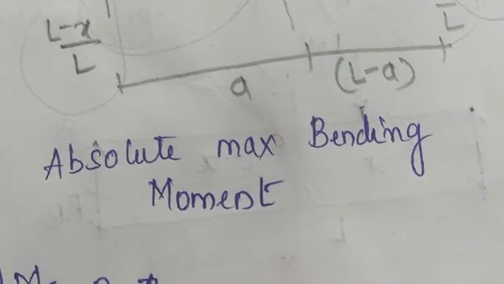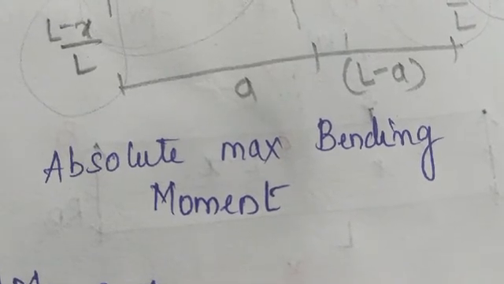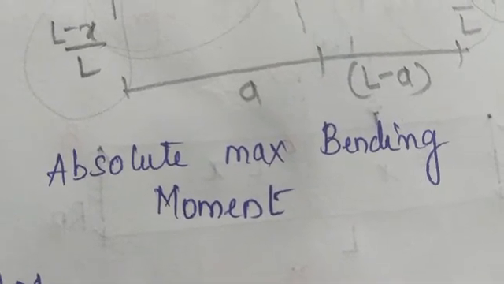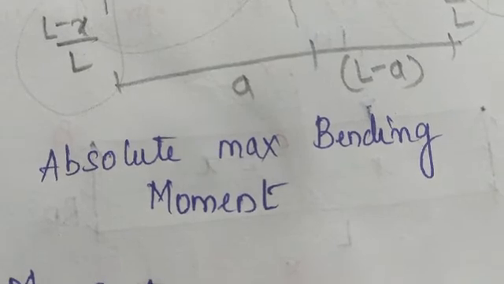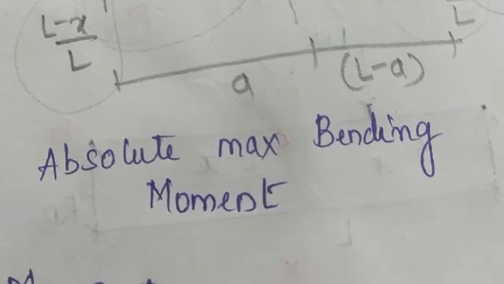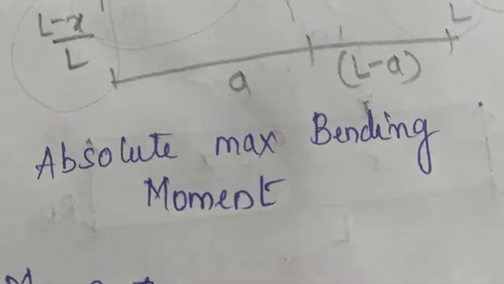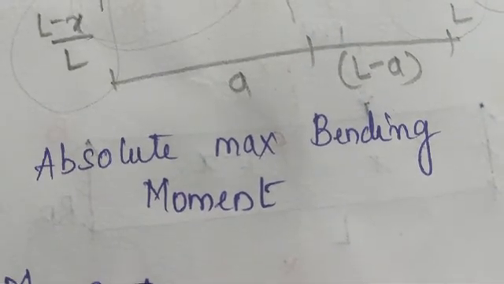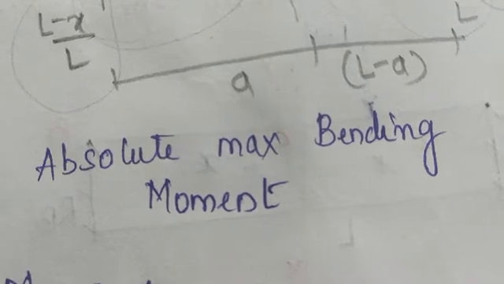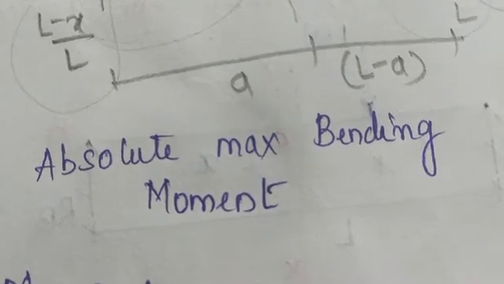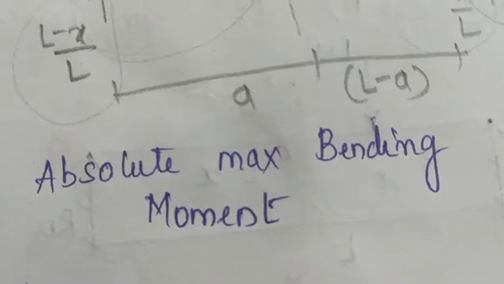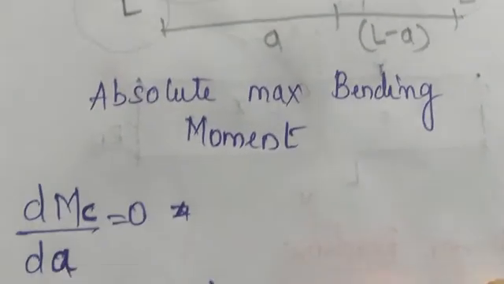It is about calculating a position or a place or a section where the bending moment is maximum. There cannot be any bending moment greater than this. That position where you get this bending moment, that kind of bending moment is called the absolute maximum bending moment. Now how do we calculate that?